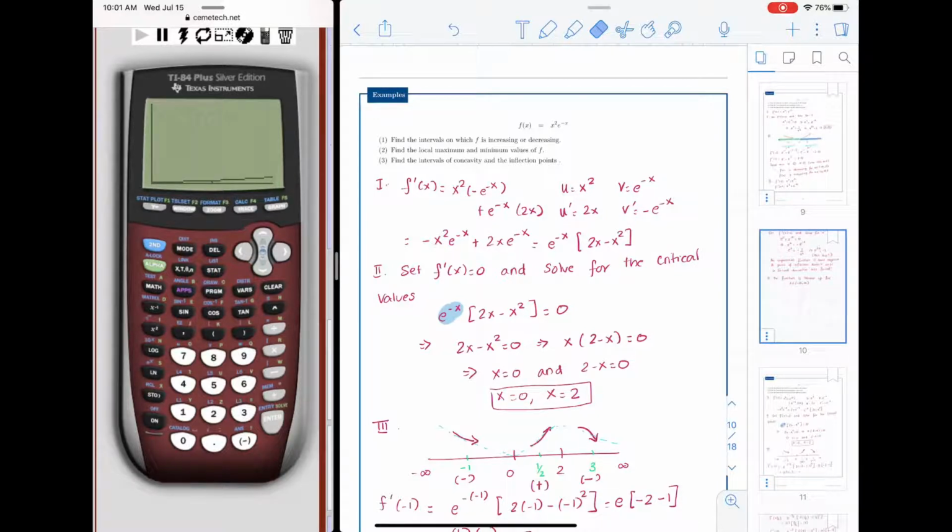I don't see it decreasing. Let's adjust the window again to 1000. To 500. It seems like we've made a mistake.